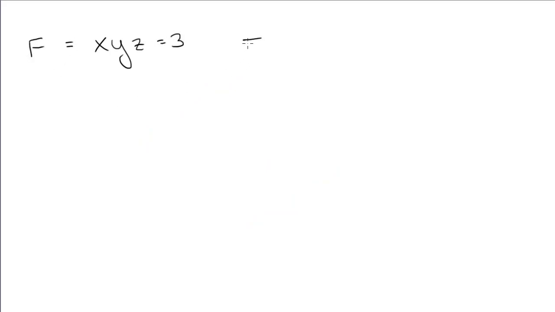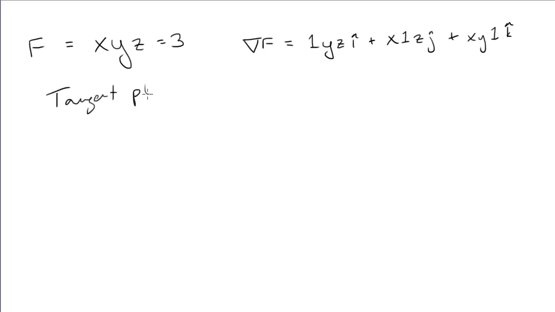An example to finish it off. X partial, I, Y partial, J, Z partial, K. So my tangent plane at some point on the surface is the gradient dot r minus p.